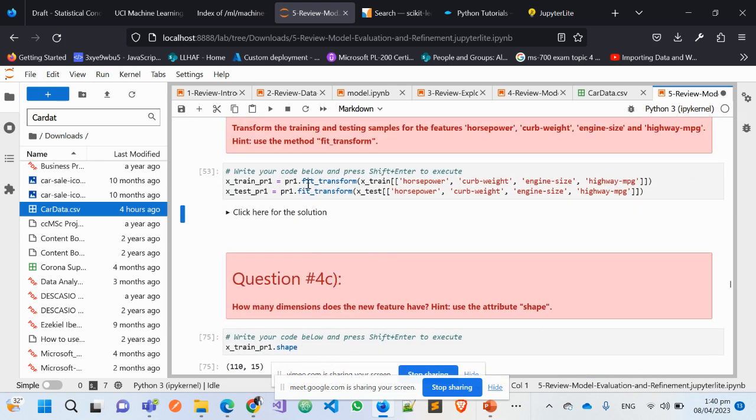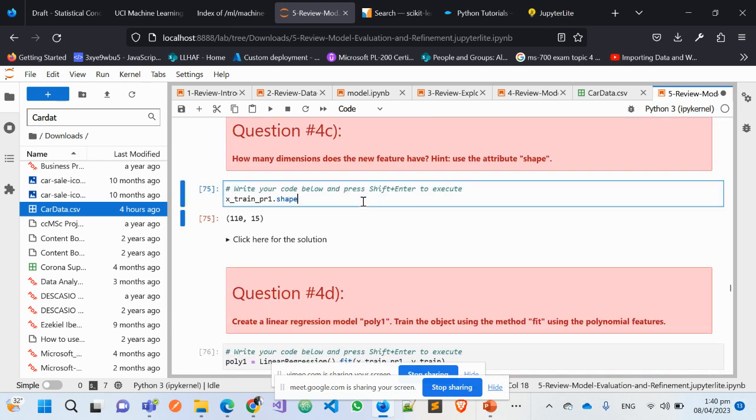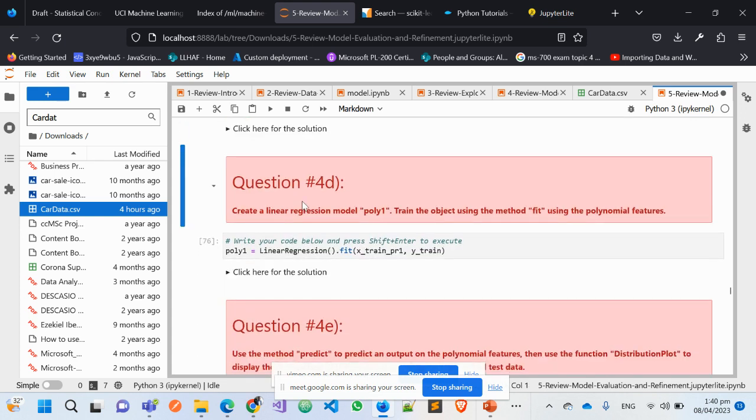Okay, so we are applying the trained data set on the same multiple linear regression model, I mean the multiple linear regression columns. Remember we had four columns that were used for our multiple linear regression in module 4. All of these questions are just to test our knowledge so that we can understand what we are doing so far.